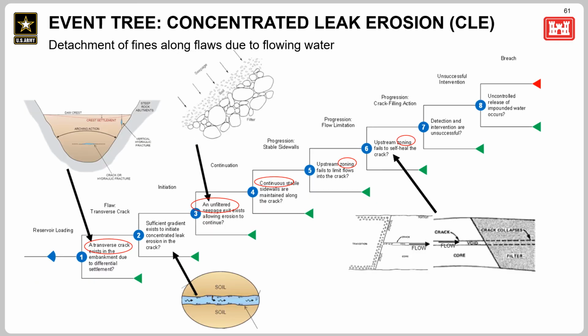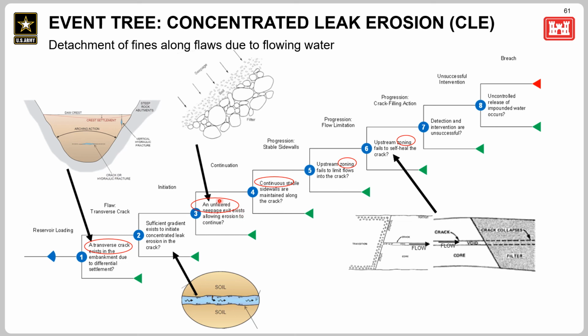Here we've done the same thing, providing the event tree for CLE internal erosion failure. Pulled in some images to refresh our memories about CLE and what causes cracks, and circled some areas along the event tree, in the initiation phase, the continuation phase, and also in the progression phase, to think about where site characterization feeds in to determining whether cracking has been observed or may be likely based on site conditions.